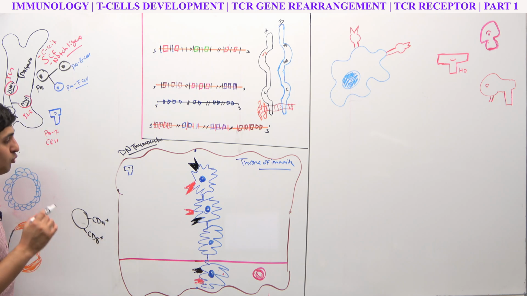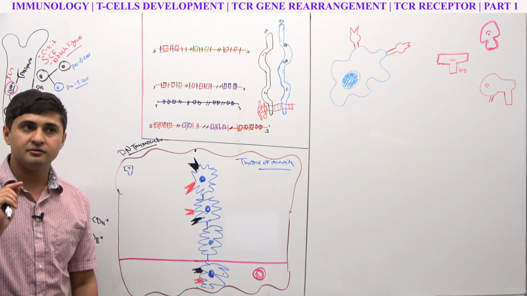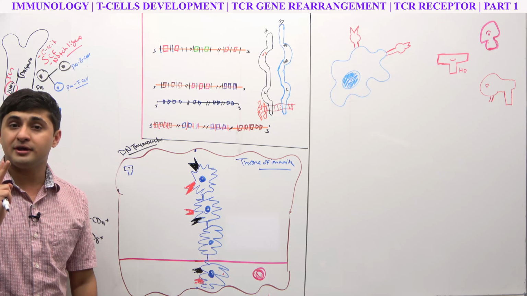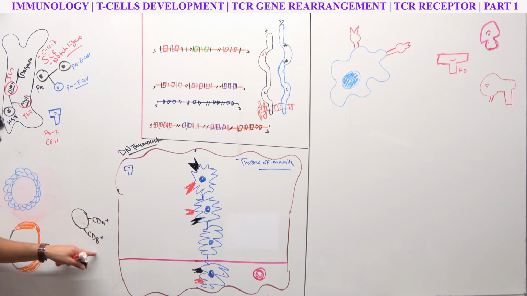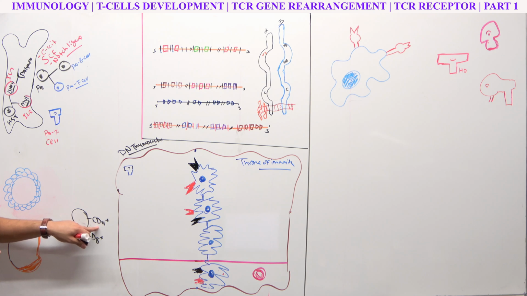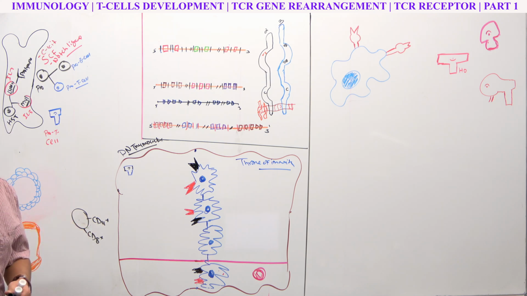Because if you look at the bigger picture, your T cells primarily divide into two main types: CD4 cells or CD8 cells. The CD4 cells, we typically call helper cells, and CD8 cells, we call cytotoxic cells, all right?